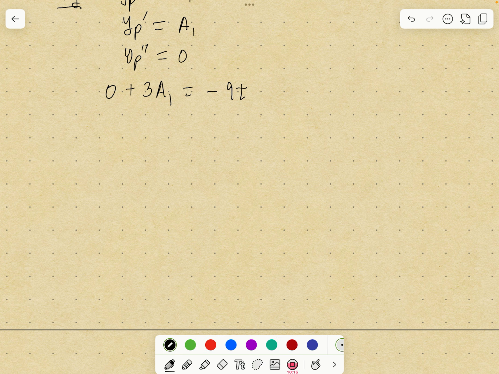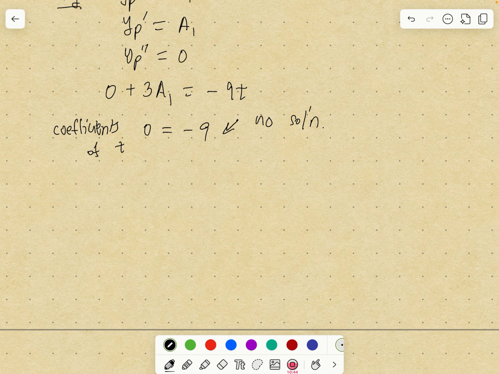If you think about setting the coefficients equal, the coefficient of t on the left is 0, so you need 0 to be negative 9. These are the coefficients of t. So that obviously has no solution, right? 0 can't be negative 9. So you run into an issue in this case.